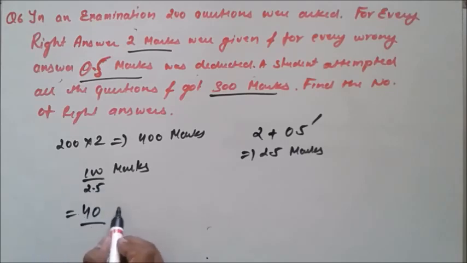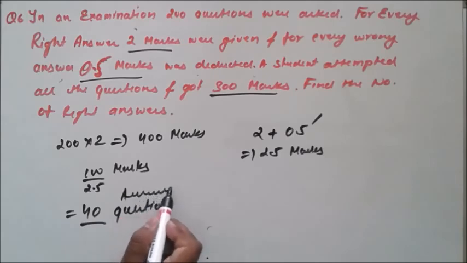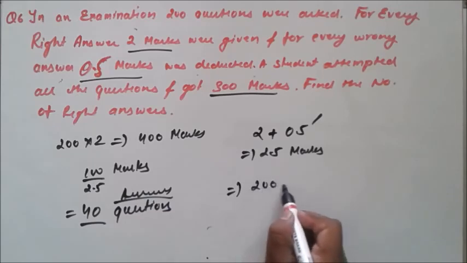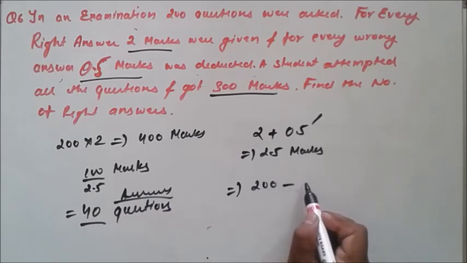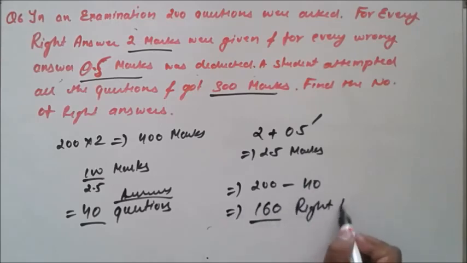So 40 is the total number of wrong answers. But in the question there were total 200 questions. Subtract 40 from 200, it will become 160. So 160 is the total number of right answers.